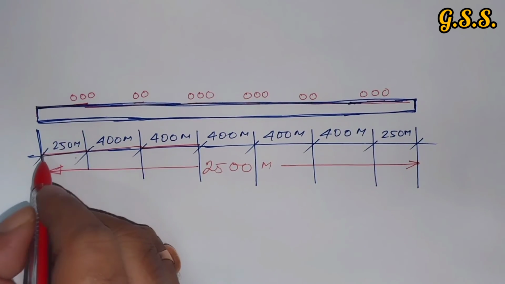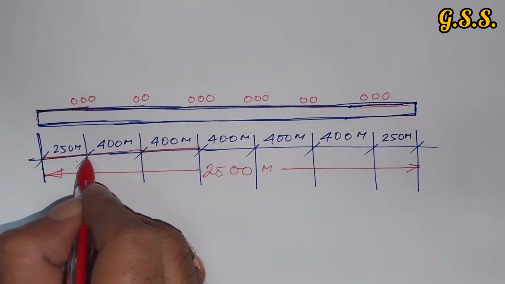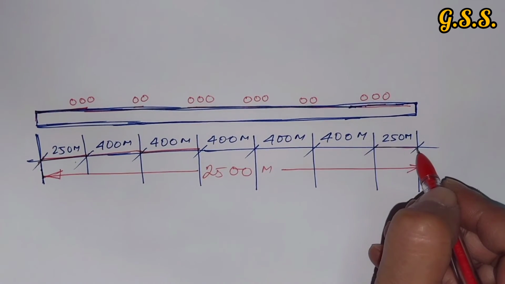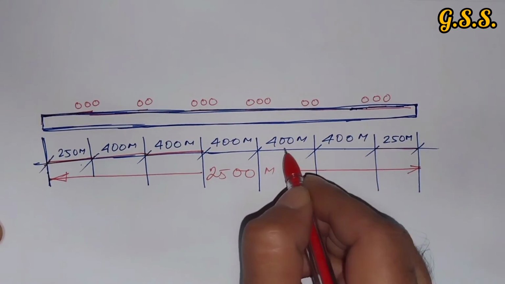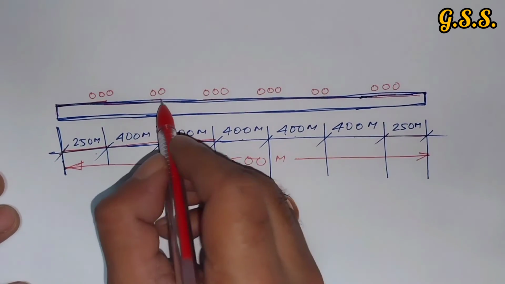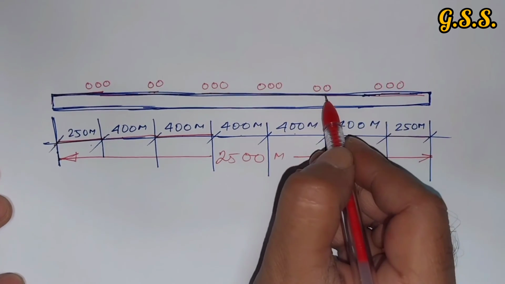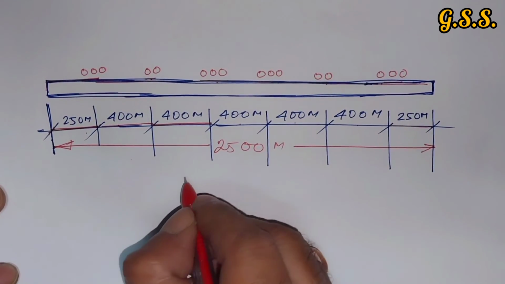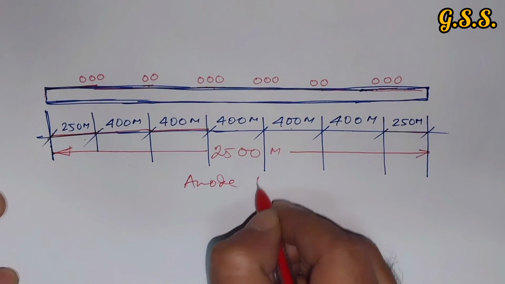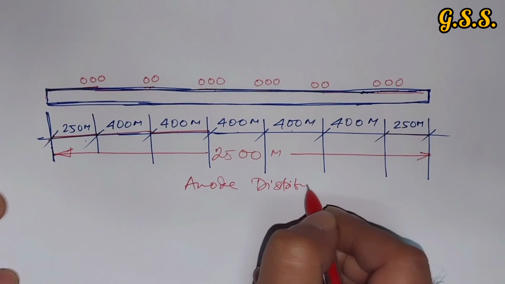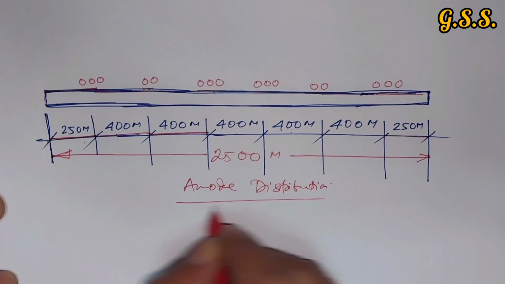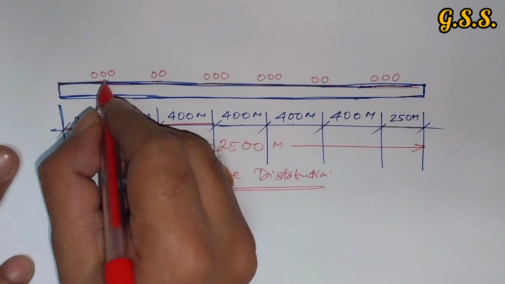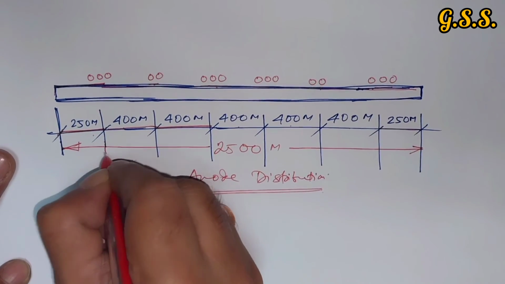So in this 2.5 kilometer length, we can split the anode distribution like this: 3 this side at 250 meter from this side, and 3 this side at 250 meter, then at a gap of 400 meter, 2 anodes here, 2 here, 3 here and 3 here. This can be the anode distribution. And at each anode distribution point, a test point will be there.